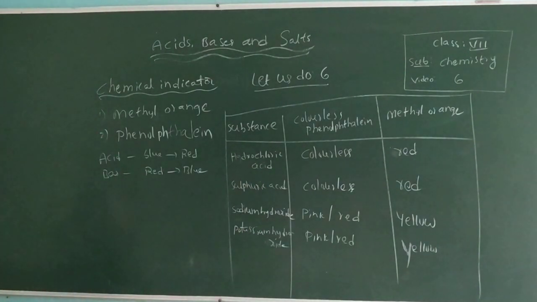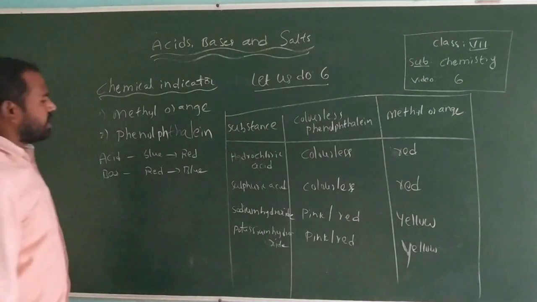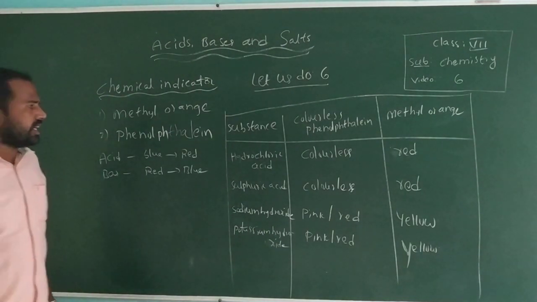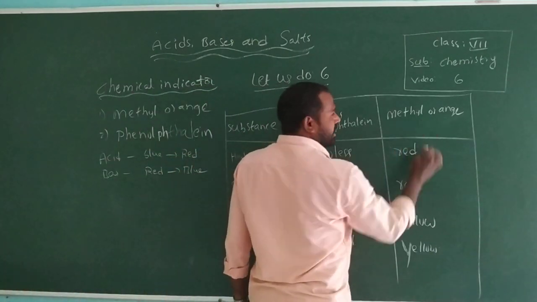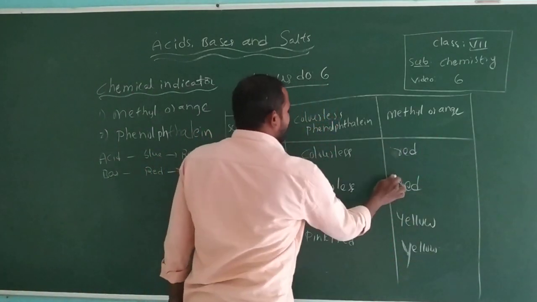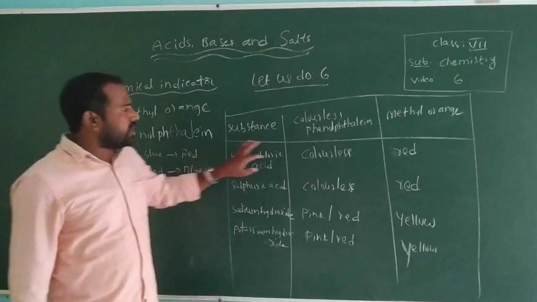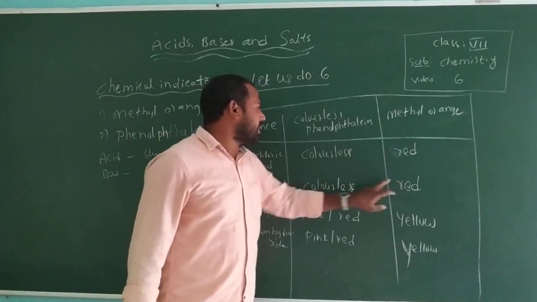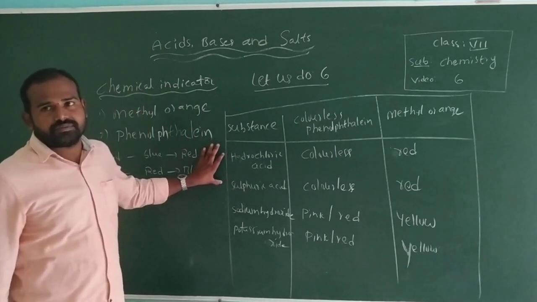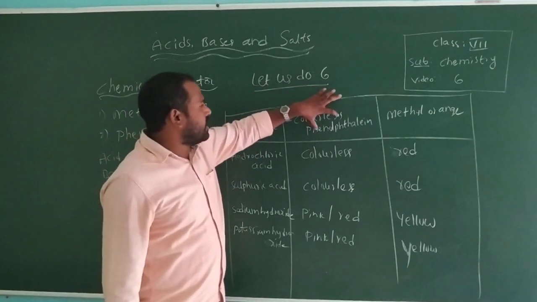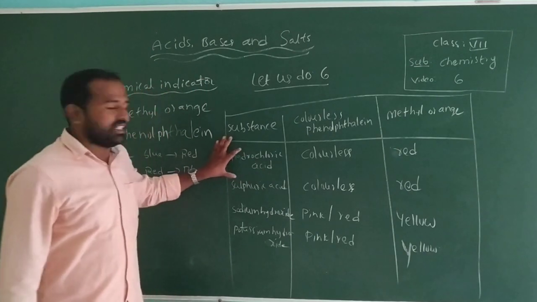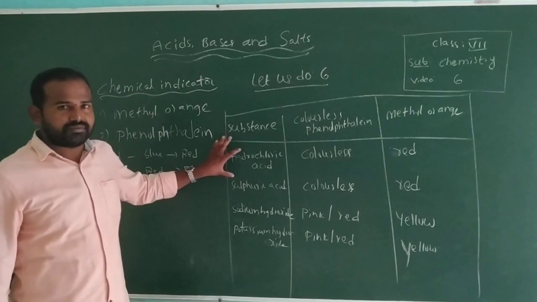From the table, we can conclude that methyl orange gives red color with acids, whereas phenolphthalein remains colorless in acids.